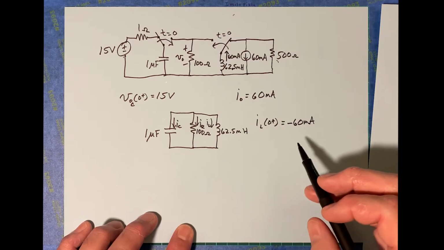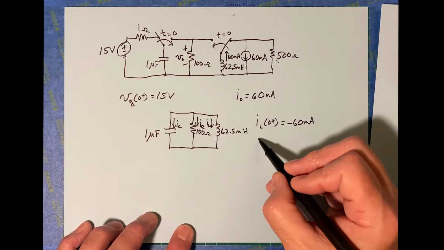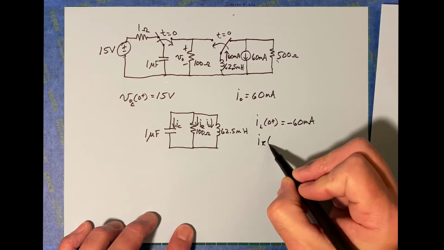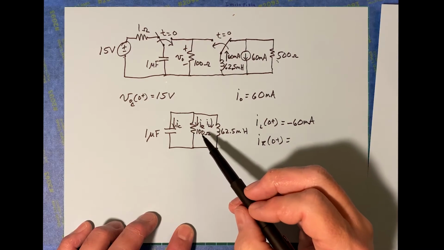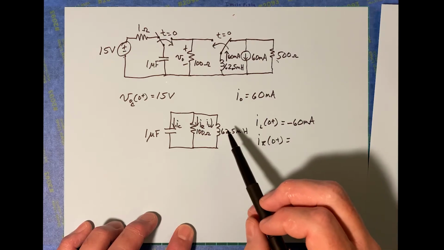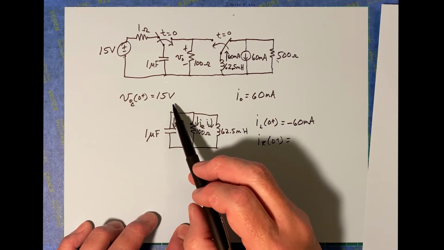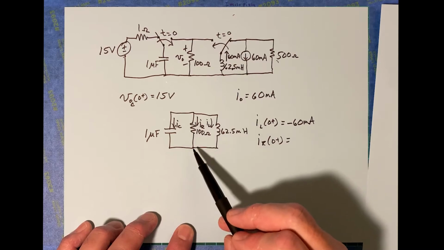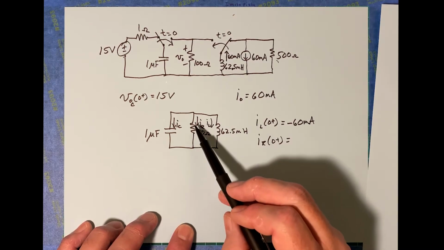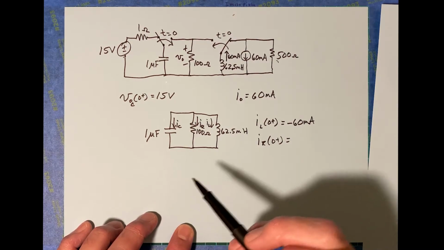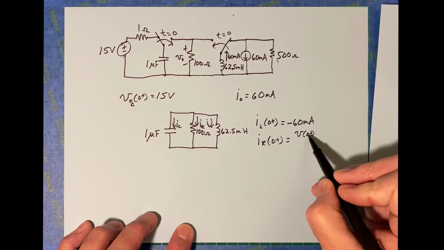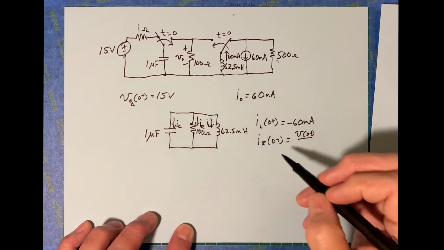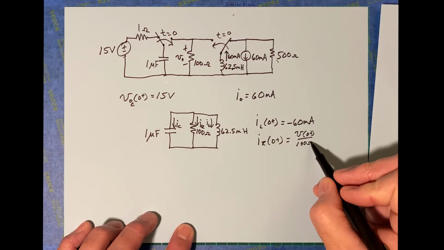Now that shouldn't be too big a deal. I sub R at 0 plus, let's see, what's that going to be? That's just going to be the voltage at 0 plus divided by R. Remember, the current and the voltage for the resistor can change instantaneously. So that's going to be V at 0 plus divided by R, which is 100 ohms.